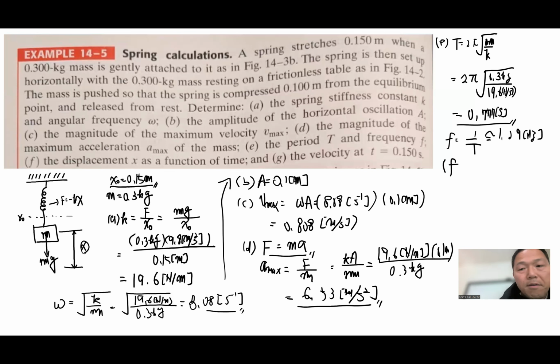And now F is asking for the displacement x as a function of time. Motion begins at the point of maximum compression. At t equals 0, x is minus A, which is minus 0.1 meter. So x should be minus A cosine omega t.